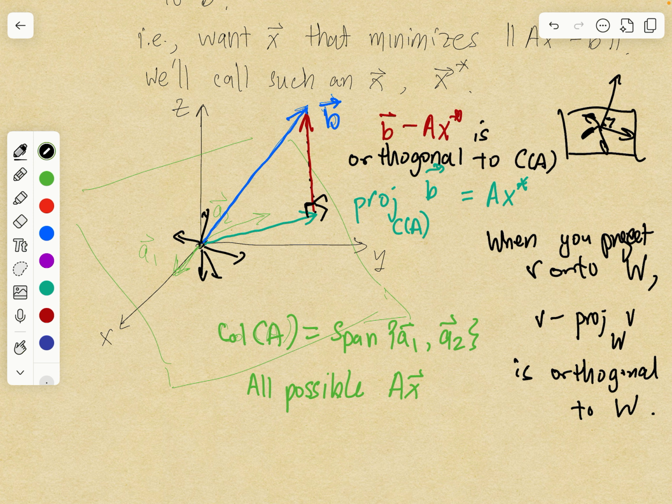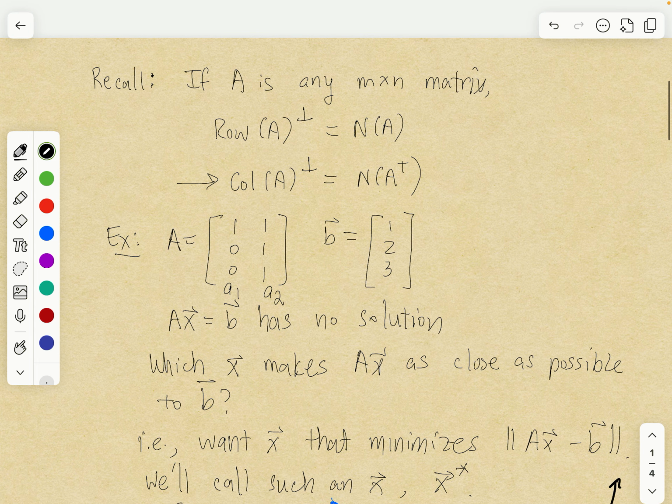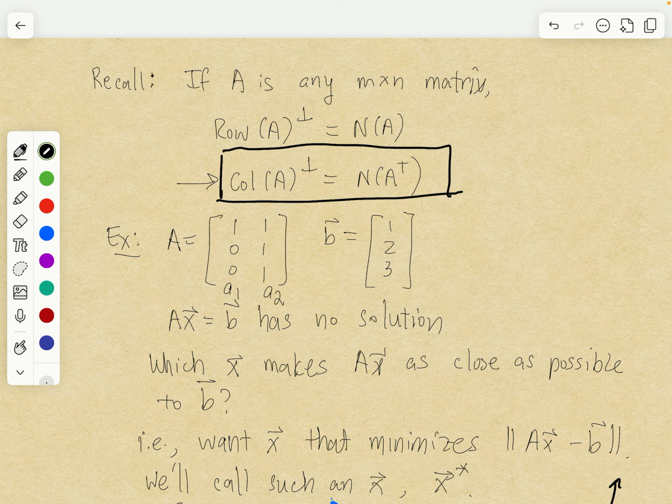Well, now we see what this means. If you're orthogonal to the column space of A, remember this set, it's called the orthogonal complement of the column space of A. It's all the vectors that are orthogonal to the column space of A. Well, we have a vector that's orthogonal to the column space of A. Therefore, it must be in the null space of A transpose.